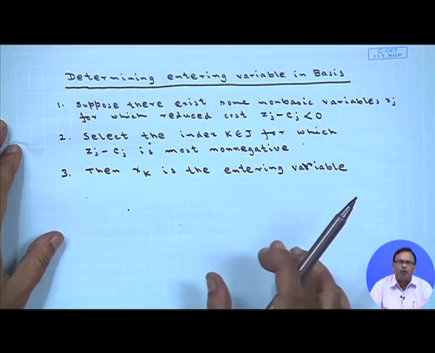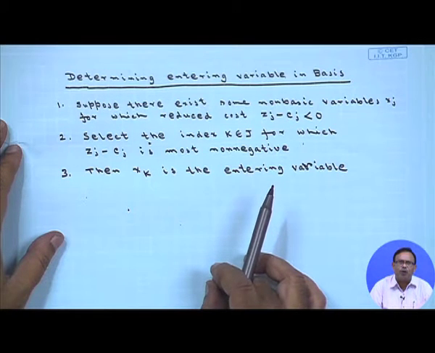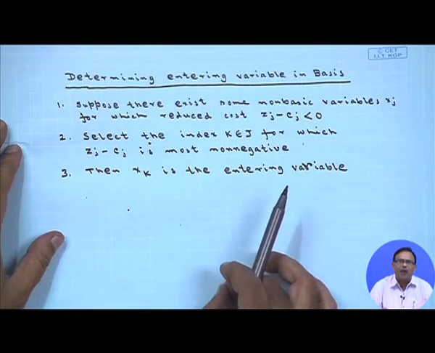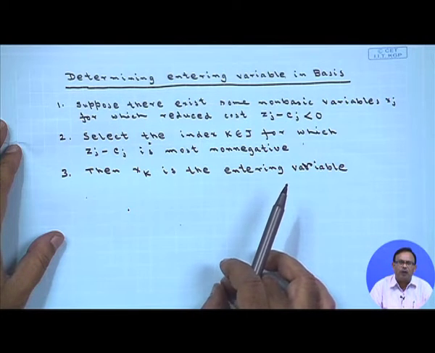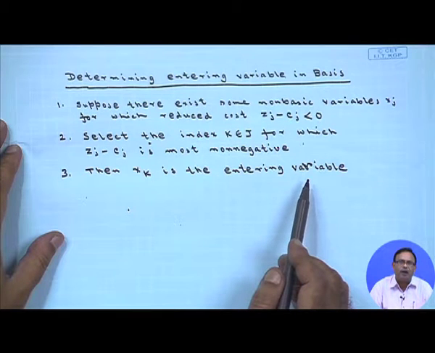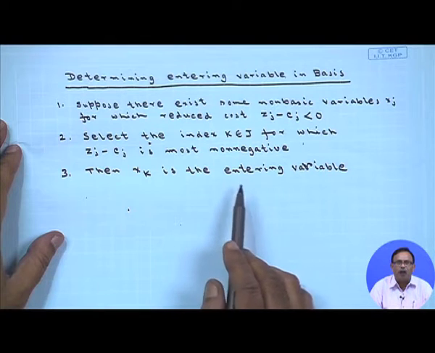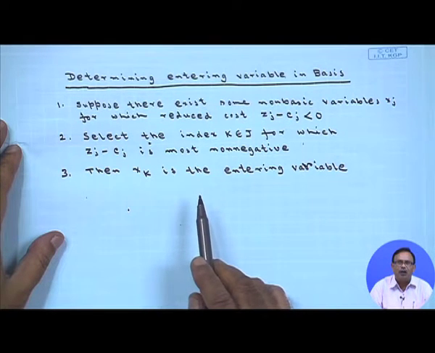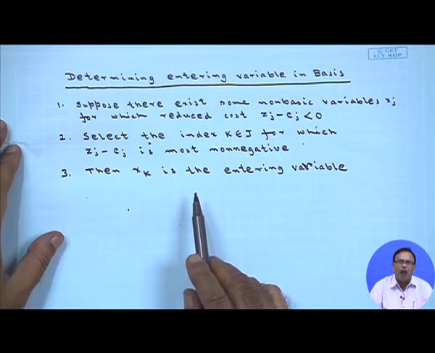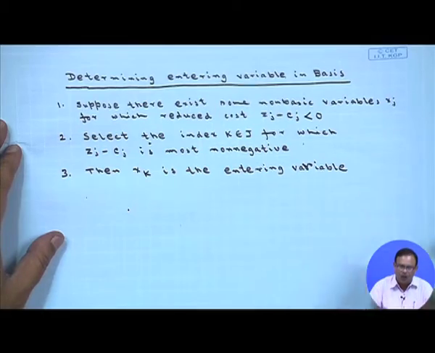There may be some values, and out of that the Zj minus Cj which gives you the most negative value, that we will choose, and corresponding to that index k, xk will be the entering variable. So, for the entering variable I have to check the values of Zj minus Cj, choose the most negative one, and the corresponding variable xk will be the entering variable.